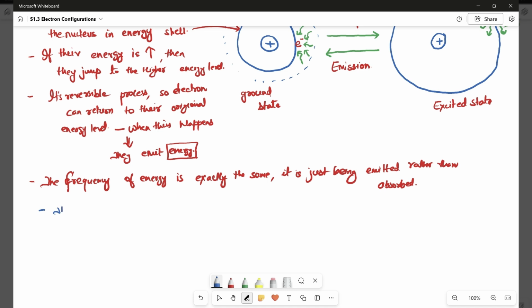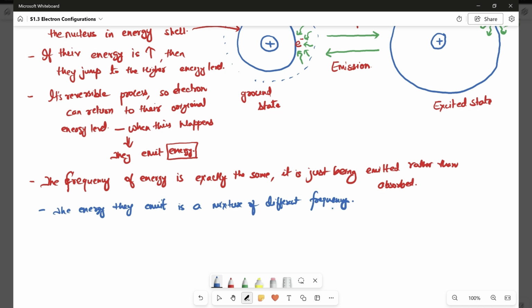The energy they emit is a mixture, not of one, but a mixture of different frequencies. This corresponds to many possibilities of electrons jumping, right?